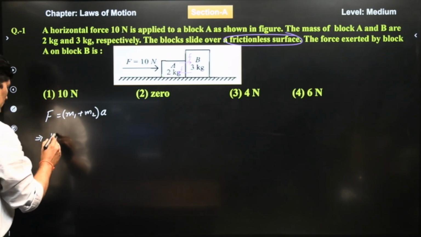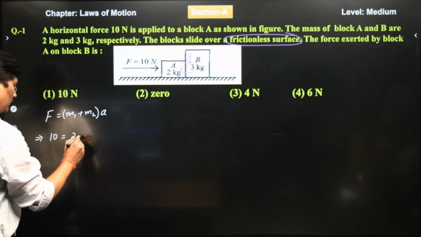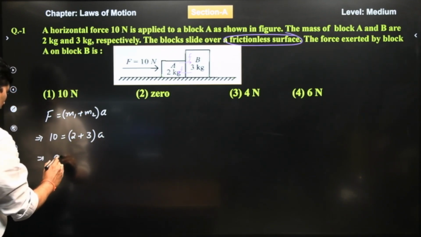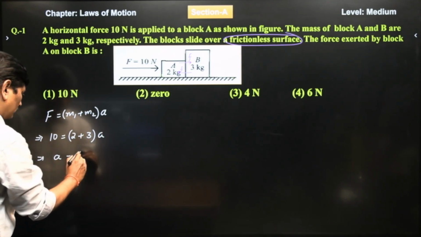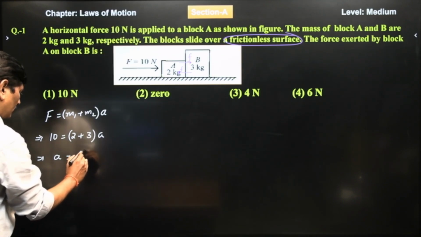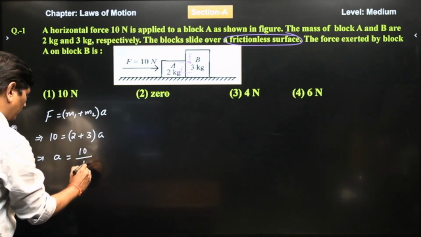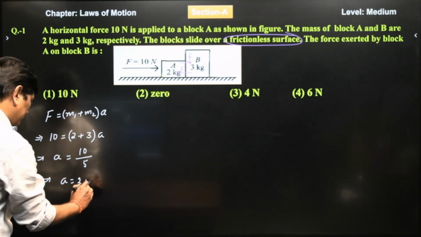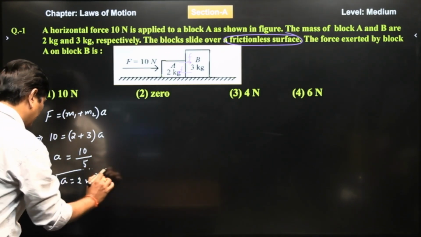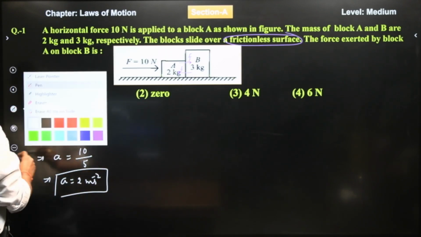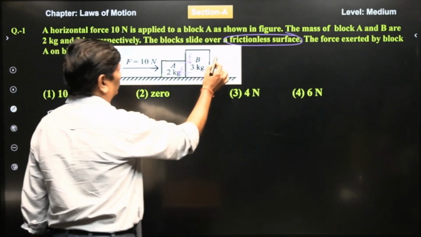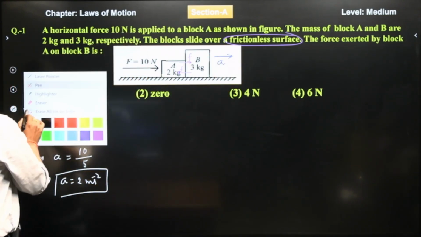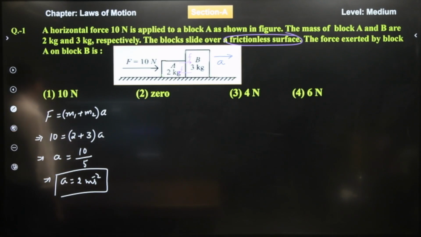We are given this F value 10. m1 plus m2 means 2 plus 3 into A. You will get A is equal to 10 divided by 5. So, A value 2 meter per second square. This is the acceleration of the system, with which the 2 blocks are moving, right?